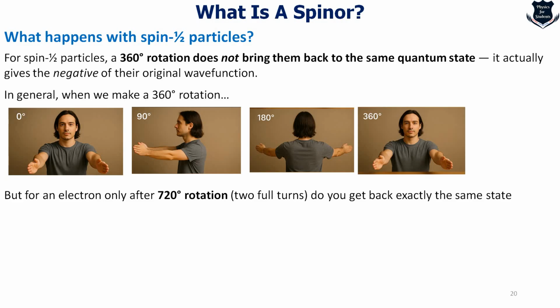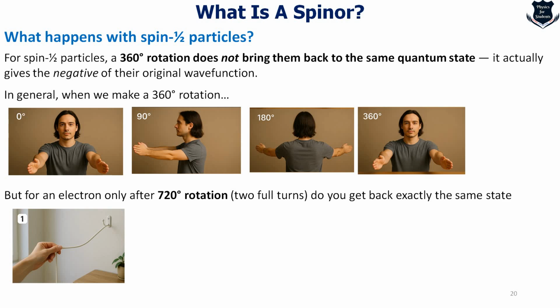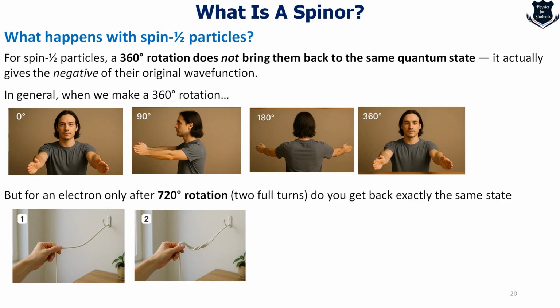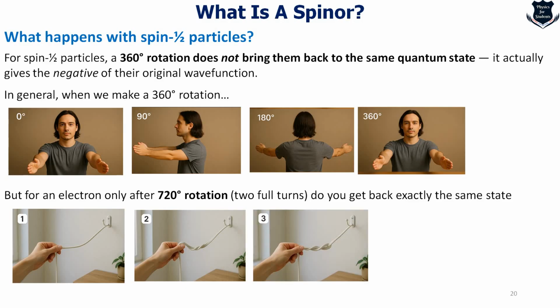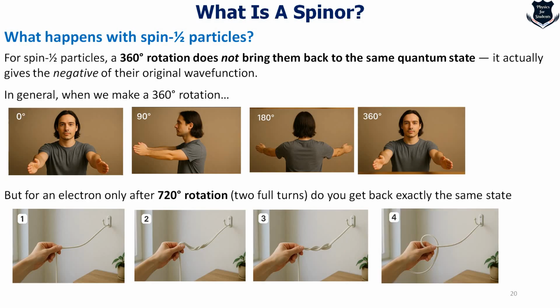Imagine that you have this wire, your mobile wire. If you make one rotation of 360 degrees, it is not coming back. It is further twisted. So you have to twist it again.